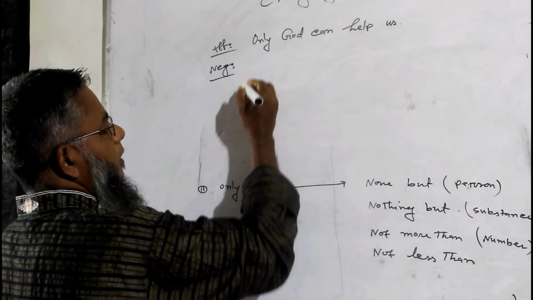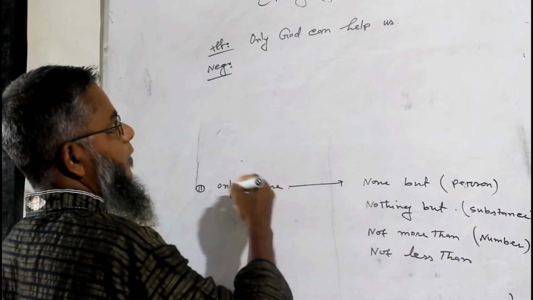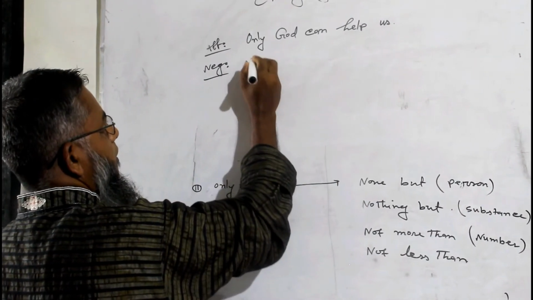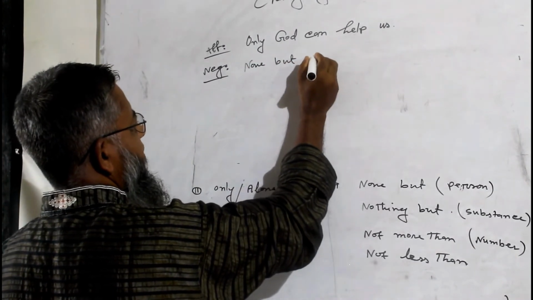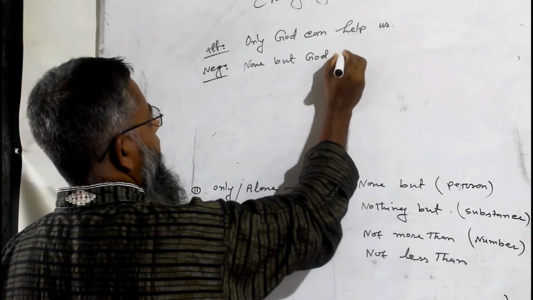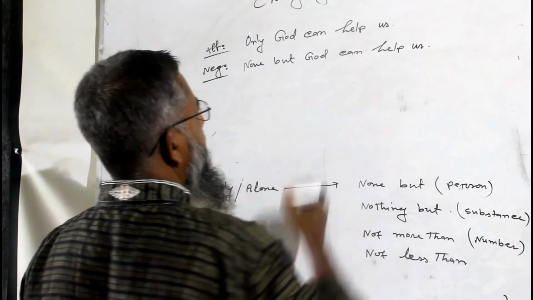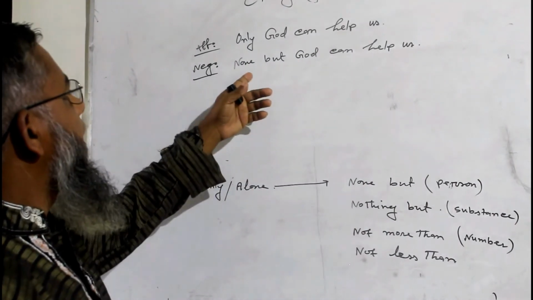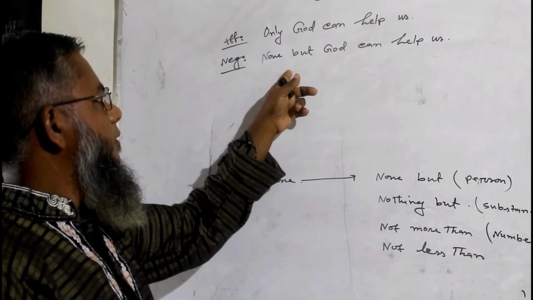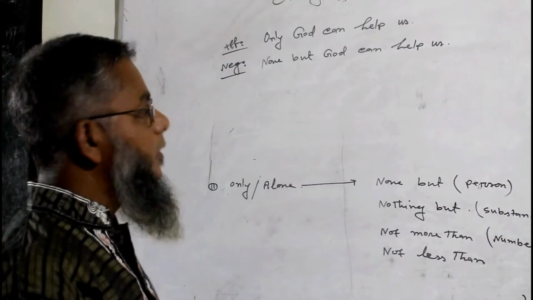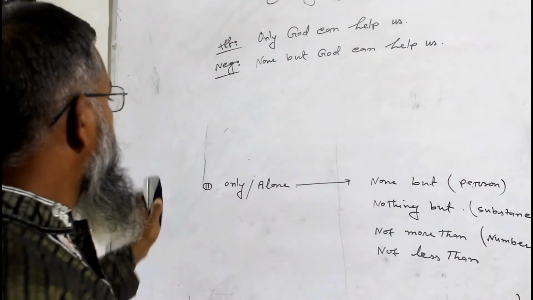So we can use none but instead of only here. None but God can help us. I use here none but instead of only. Okay. Clear or not?